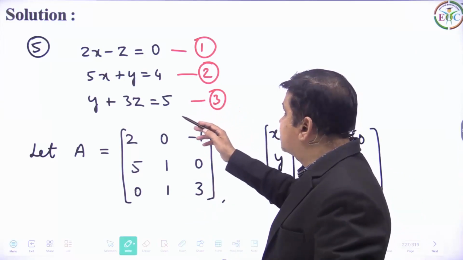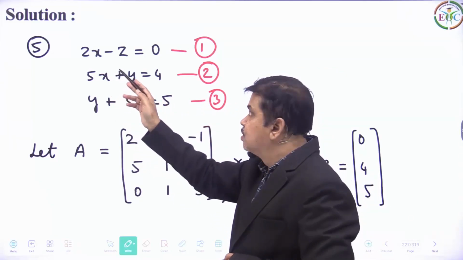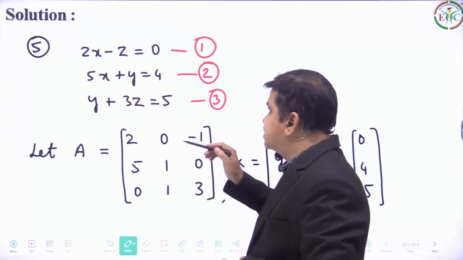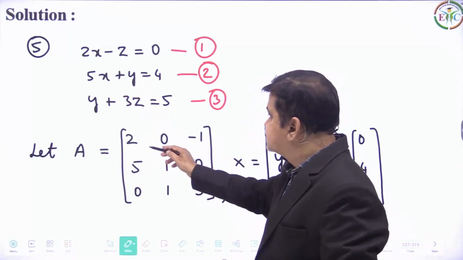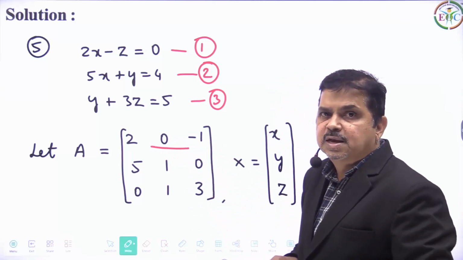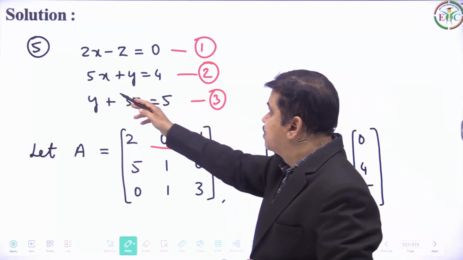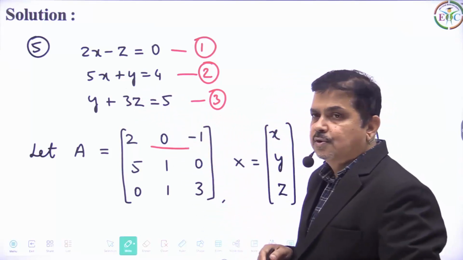In equation 1, the coefficient of x is 2, the coefficient of y is 0, and the coefficient of z is minus 1. So 2, 0 and minus 1 form the elements of the first row. And in the second equation we have 5x plus y equal to 4.